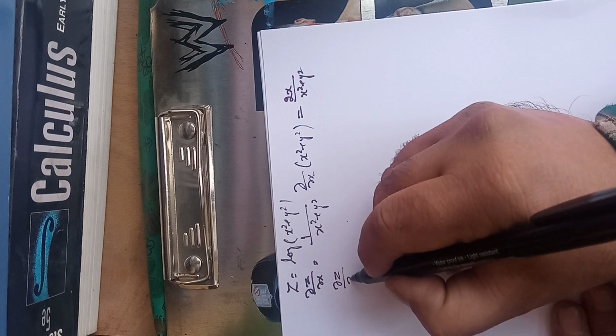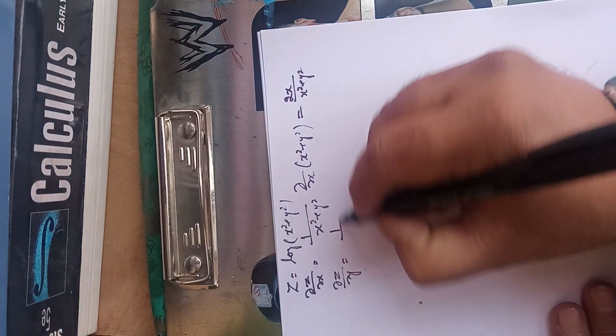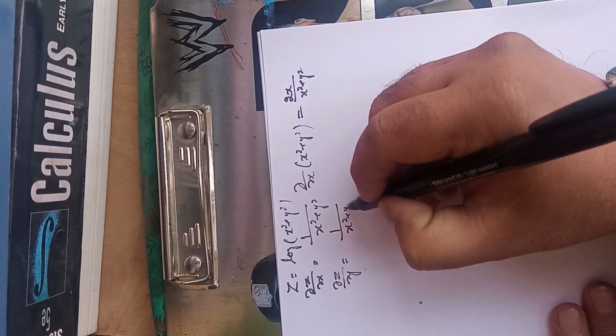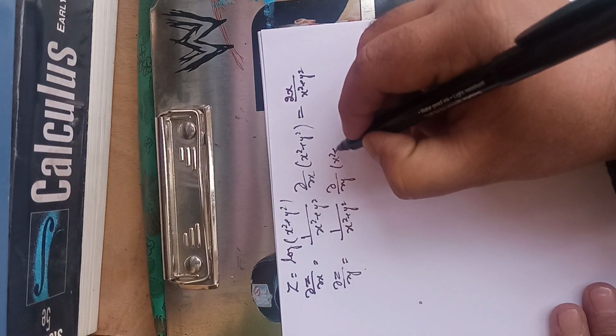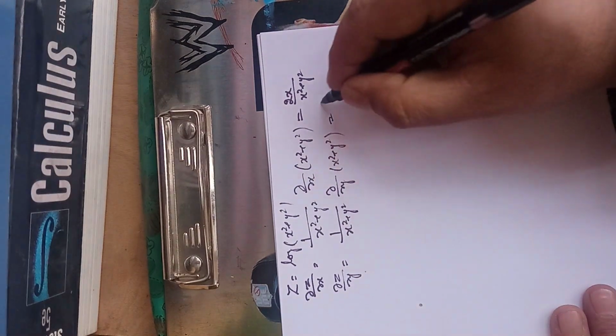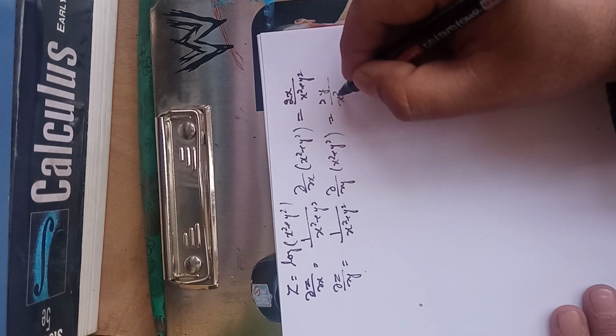Del z by del y: 1 by the function, then the derivative of the function with respect to y, which is 2y upon x square plus y square.